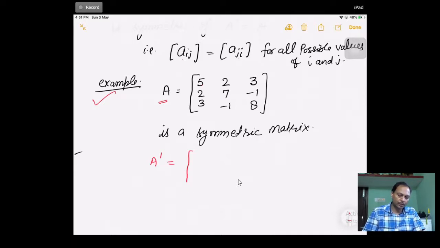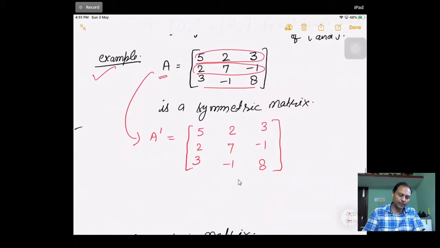So here the first row is 5, 2, 3, so write these elements in the first column. Now the second row is 2, 7, minus 1, so write this in the second column. Now the third row is 3, minus 1, 8, so it will be in the third column. This is the transpose of this matrix.